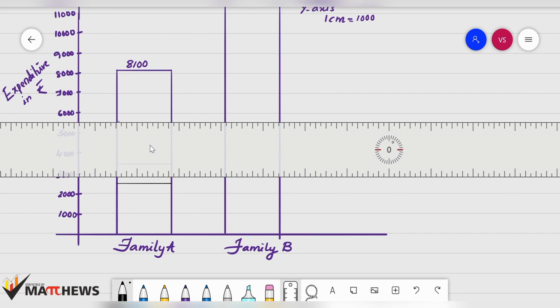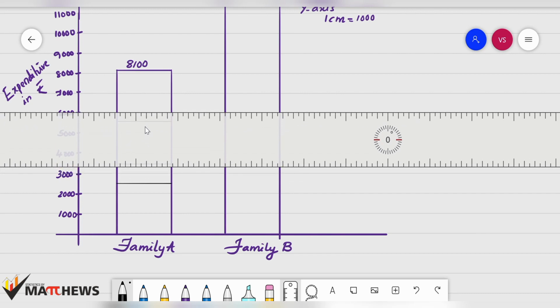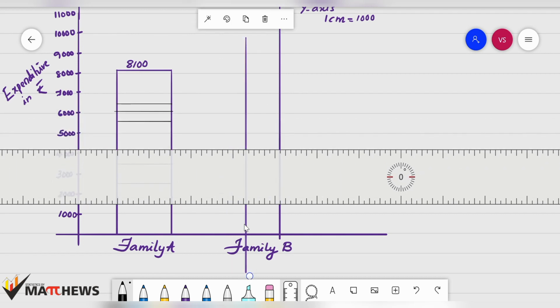Then it is 6,020. Then it is 6,300. So 6,300 is this line. Then it is 8,100 automatically. So this is how it goes on, students. Understood?